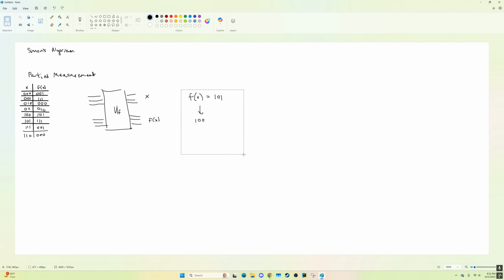And let's look at it with another example. Let's do an easier example. Let's do 1, 1, 1. This is my f of x. If f of x is 1, 1, 1, then what do we know? F of x can only be 1, 1, 1 if x is 0, 0, 1, or if x is 1, 0, 1.